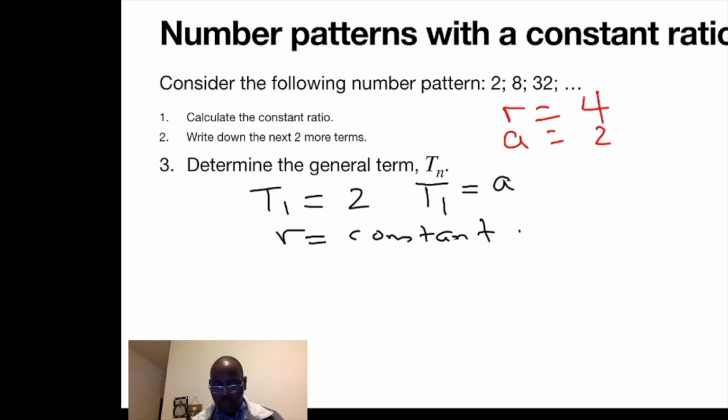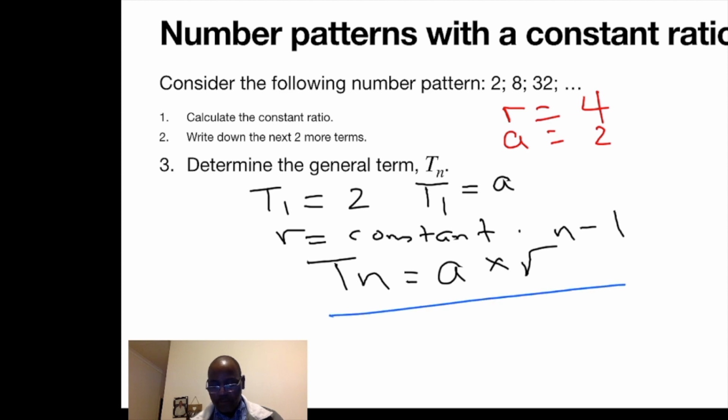So if you go back to that formula there, you can actually tell that the general term Tn is always the first term, which is A, multiplied by the constant ratio, which is R, to the power of 1 less than n, which is R to the power of n minus 1. You can use this formula.